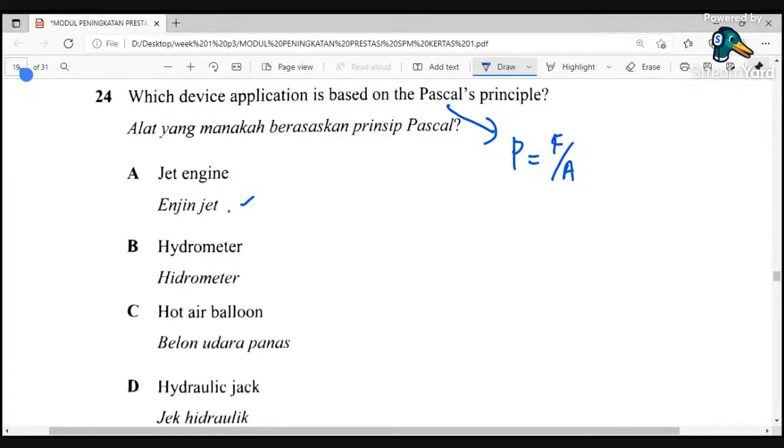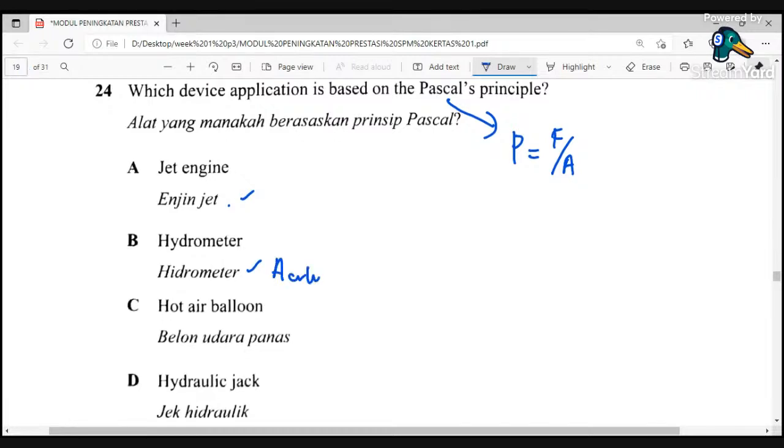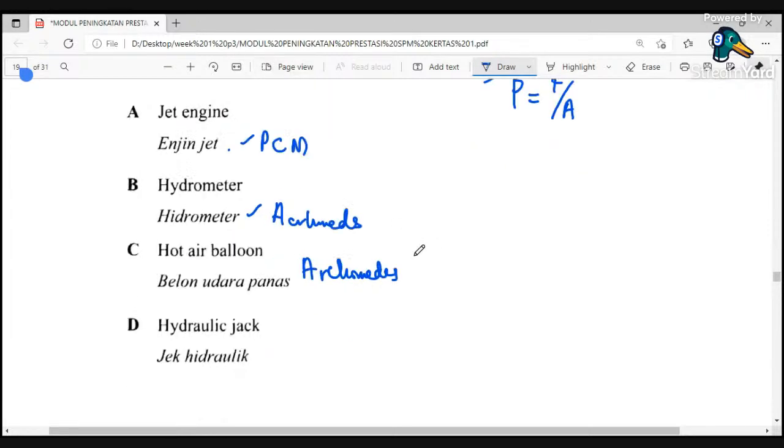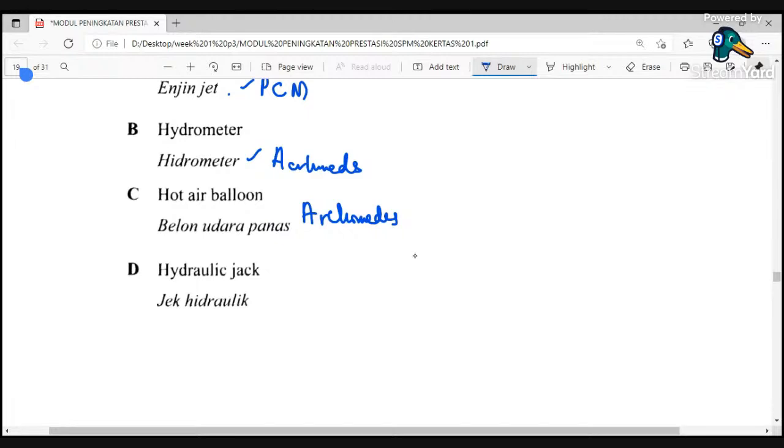Okay. Hydrometer. Ini measure density. Ini topik apa? Achieve this principle. Hot air balloon. Achieve this. Okay. Ini ialah principle of conservation of momentum. Hydraulic jack. Ini betul Pascal.